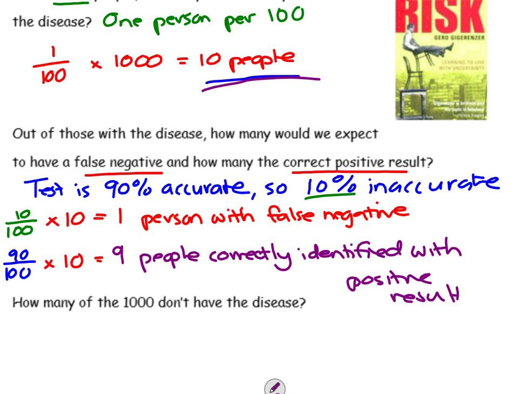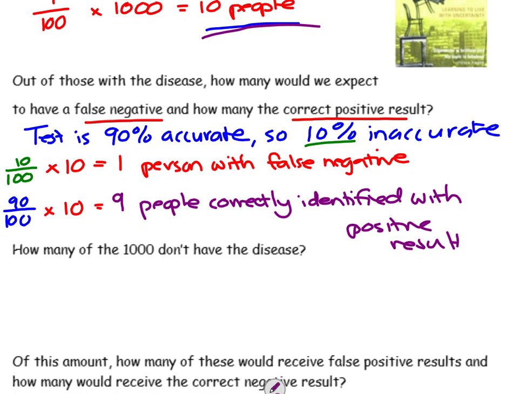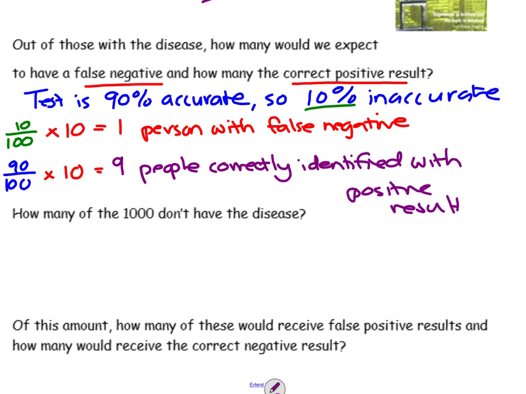So of these 10 people who do have the disease, we expect that one of them received a false negative from the test and 9 of them had a correct positive from that test. Now we're asked, how many of the 1,000 don't have the disease? That's an easy one, because we worked it above. We worked out that 10 people out of 1,000 have the disease.